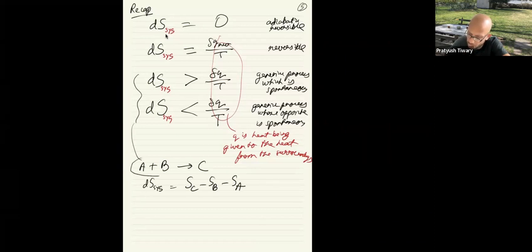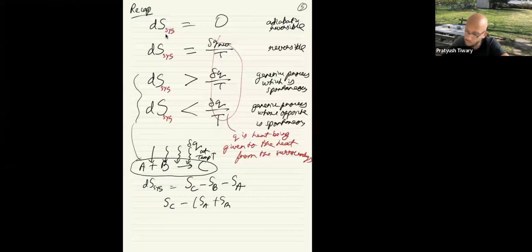And let's say this reaction is happening in a beaker, and you gave some heat to the beaker, which is delta Q, at temperature T. So if you knew the amount of delta Q and the temperature, and you found that S_C minus S_A plus S_B is more than delta Q by T, that means the reaction will move towards the product side. You will form more and more of C.